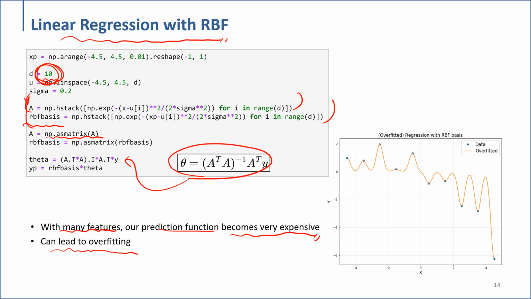So if you have too expressive functions with high degrees of RBF, here we also see that the overfitting problem happens. Then how can you avoid, or how can you solve this overfitting problem? The idea is using regularization.